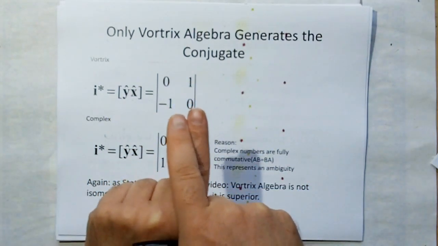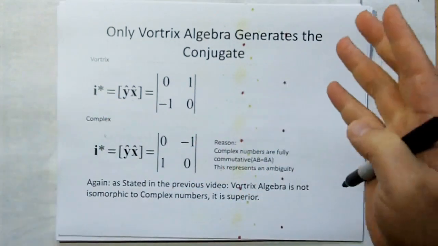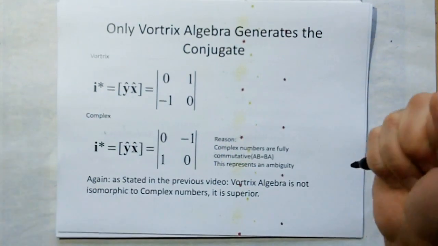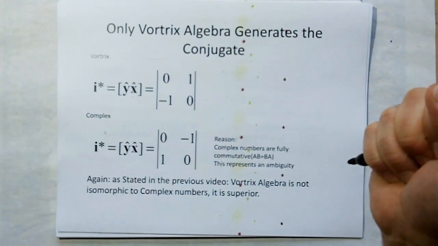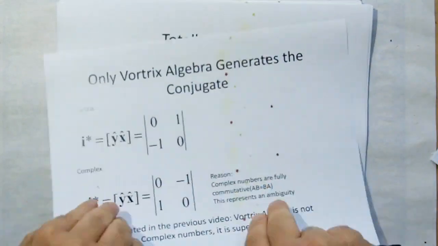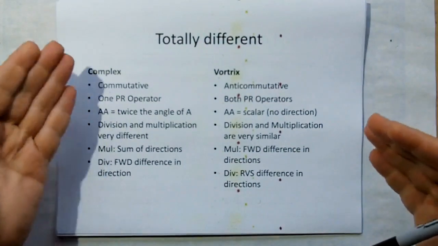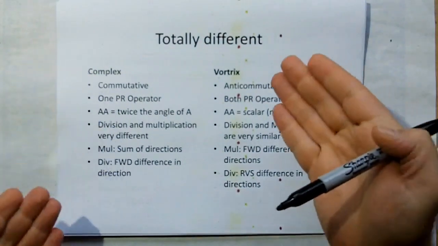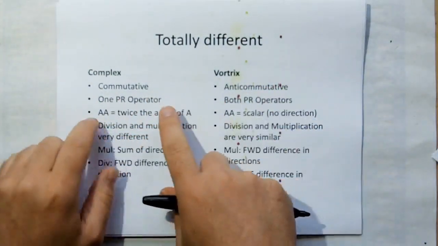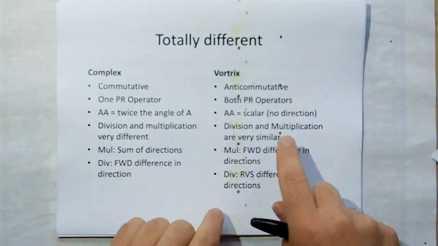Okay, that says to me complex numbers are still ambiguous and they're not complete either. So we're not saying here, because of this, that complex numbers are probably not the right solution either. We still have a little bit of work to go. And you can see, just by changing the signs, if we compare the properties of the complex answers to the Vortrix answers, one's commutative, one's anti-commutative. One can get one of the plane rotation operators, the other one gets both.